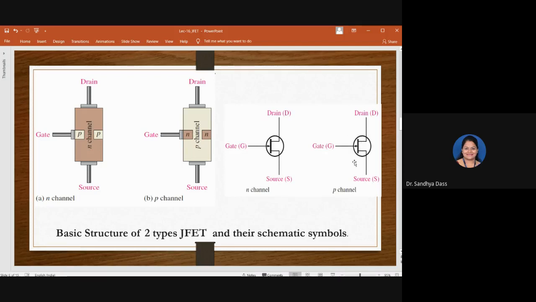Okay, so that the difference should be clearly noted. And as we go on with the discussion, you will understand what it signifies, what is the indication of direction of the gate terminal? Okay, please note down. I want you to note down the basic structure and their symbol. And let me know when you are done.